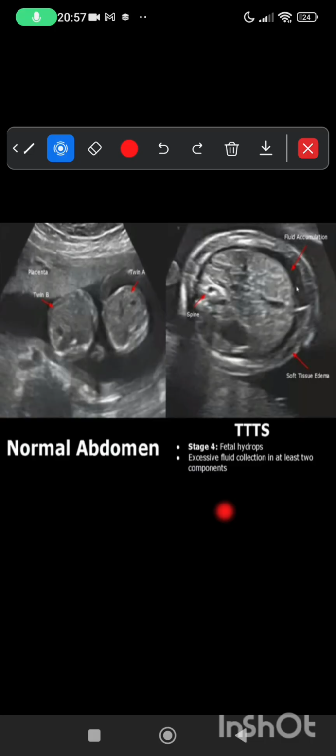Yes, it happens with the recipient because the recipient is receiving more blood flow. So here we can see a normal abdomen, and here we can see hydrops. We can see there is skin edema, skin thickening. We can see there is ascites. We can see fluid here in the abdomen.